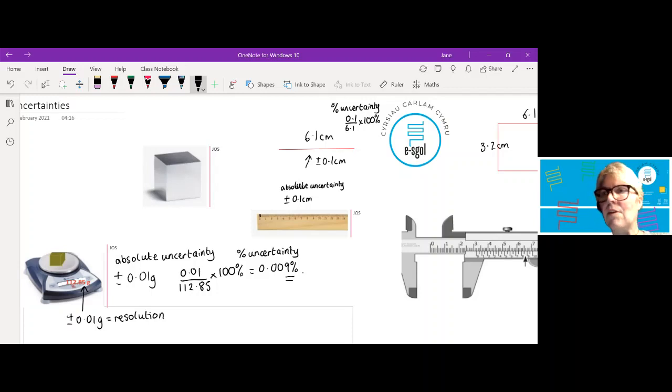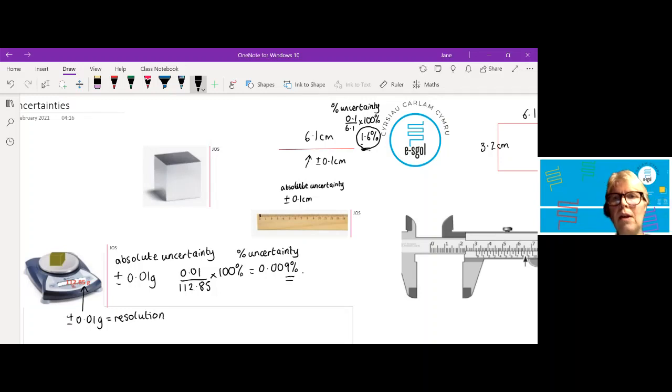And that comes out to be 1.6% here. Because it starts with a 1, I'm going to have to give it to two significant figures. So there's an exception to the rule. It's usually one significant figure, but it starts with a 1, so I quote it to two significant figures.